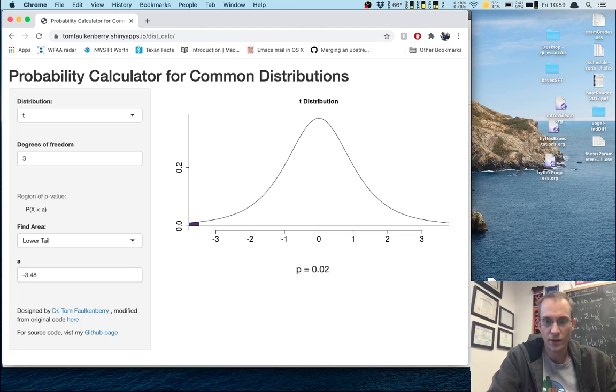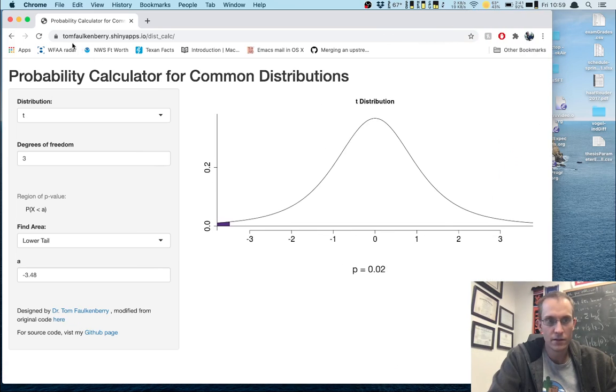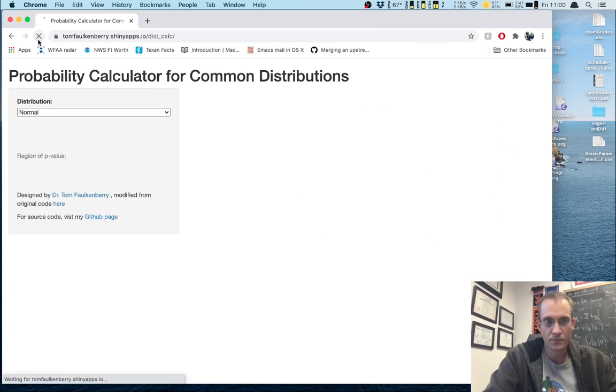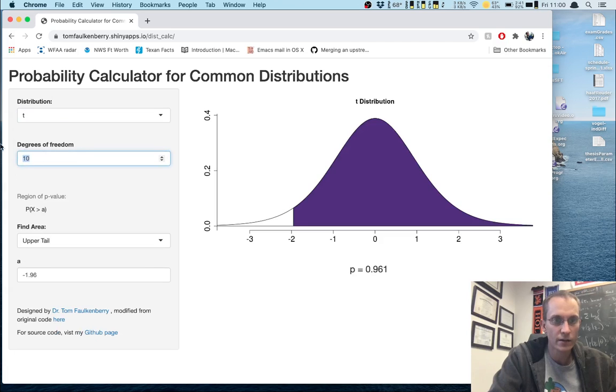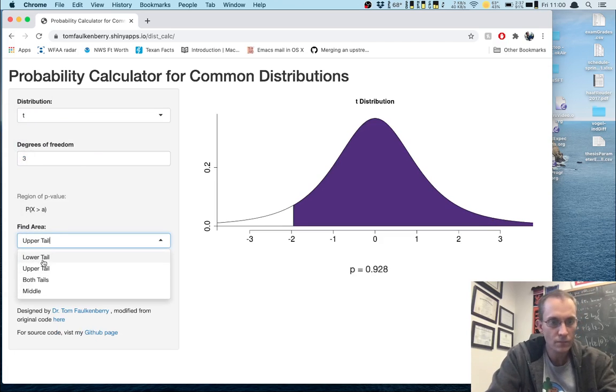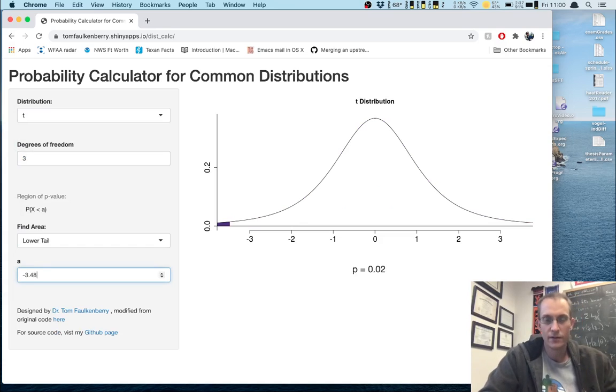And I'm going to expand this just a little bit. Hang on one second. Go back in here. 3, lower tail, -3.48. There we go. So we get a probability of 0.02.